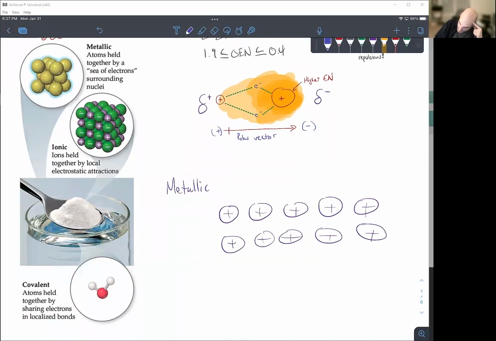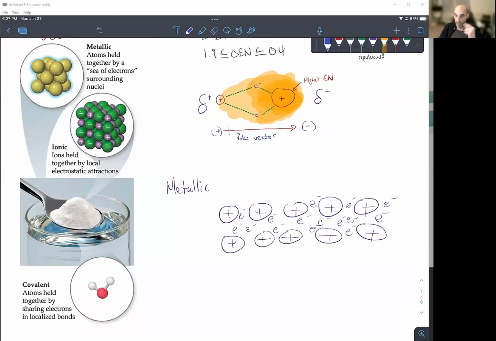Then you just have a sea of electrons in between, because those d electrons are free to go wherever they want. Well, all electrons are free to go where they want. That's why electrons can transfer, because they don't belong to one, so they can travel along.